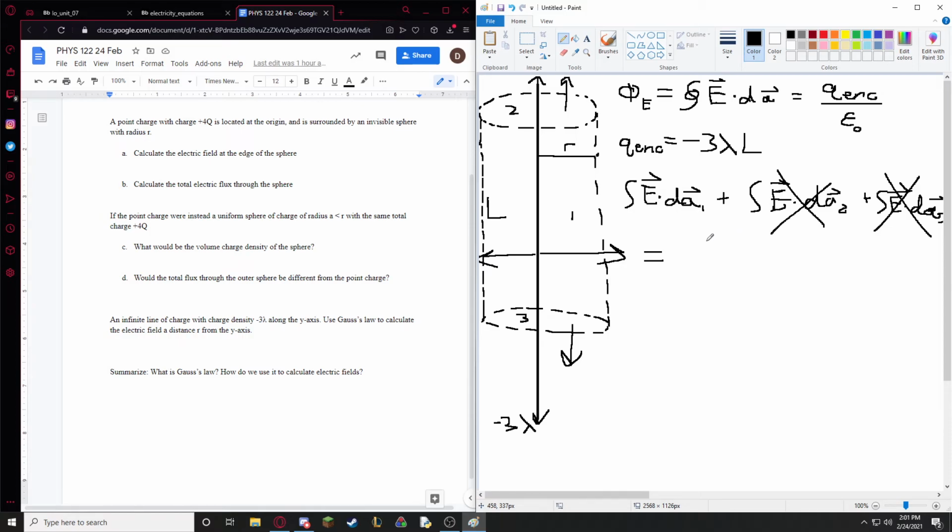Zero, exactly. Cosine of 0 is 1, so it's E times dA. And since it's symmetrical, our electric field is going to be constant, so our electric field magnitude can come out of the integral. And we have E times the integral of dA1. So what is our total area of the side of our cylinder?